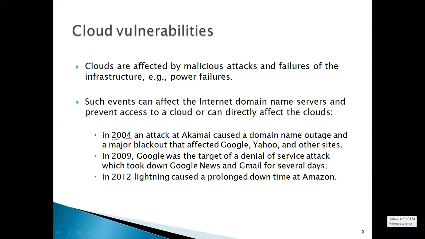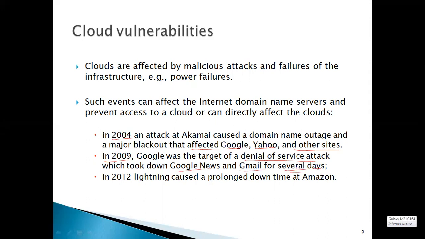In 2004, an attack at Akamai caused a domain name outage and a major blackout that affected Google, Yahoo, and other sites. So this is unauthorized access that took place. In 2009, Google was the target of a denial of service attack, which took down Google News and Gmail for several days.